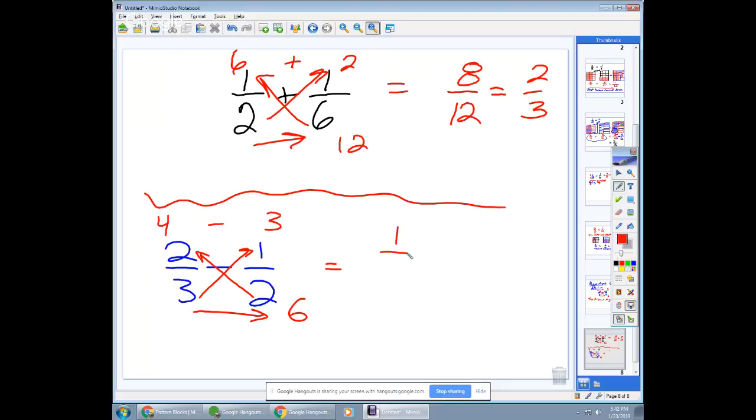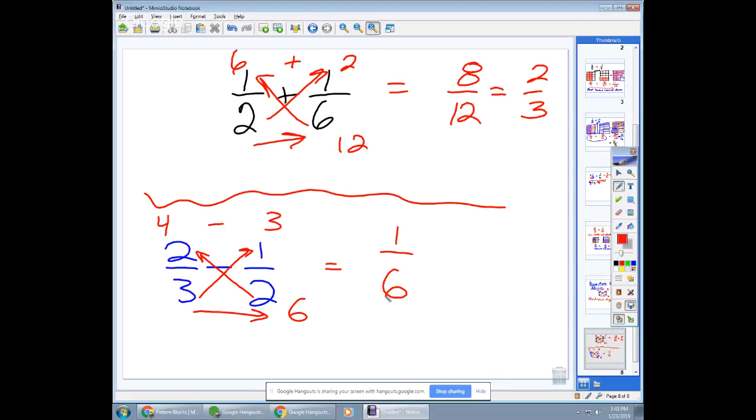The answer must be 1/6. Based on the problem above, does that make sense? If 1/2 plus 1/6 is 2/3, shouldn't 2/3 minus 1/2 be 1/6? Right? Those are part of the same fact family. So the arrow algorithm works whether you're adding or subtracting. Same with the pictures. We'll do a subtraction picture in a minute.